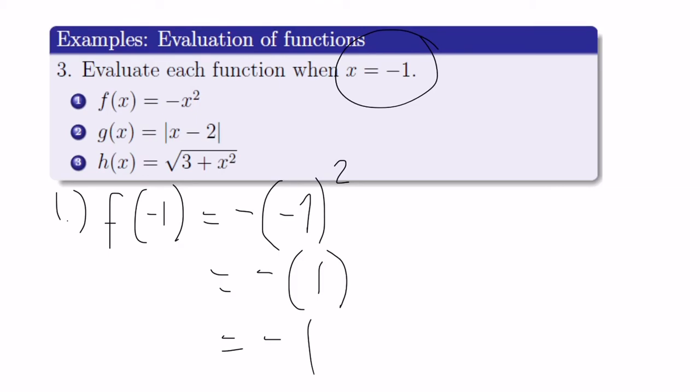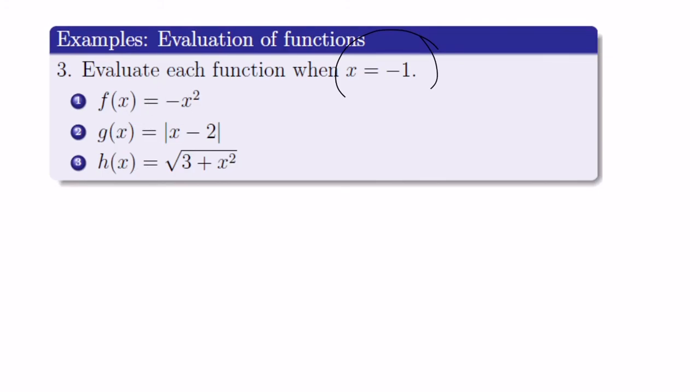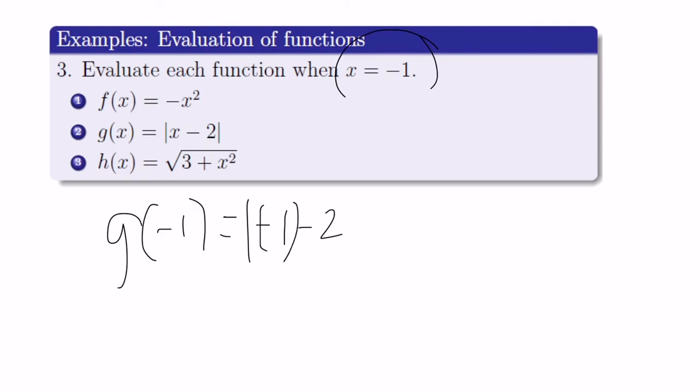Okay, how about number 2? G of negative 1 is equal to the absolute value of negative 1 minus 2. So we can remove the parentheses.